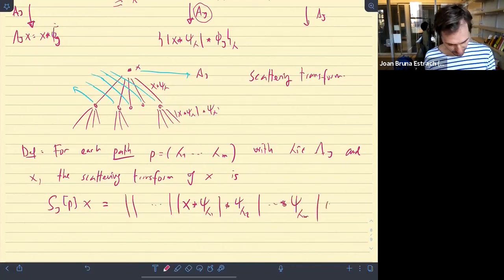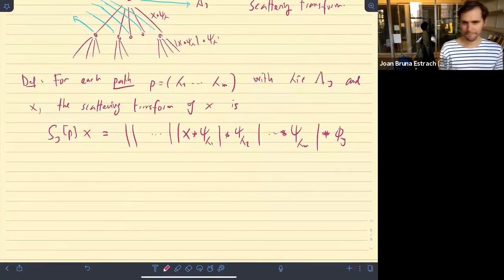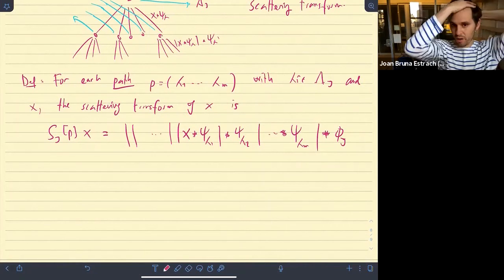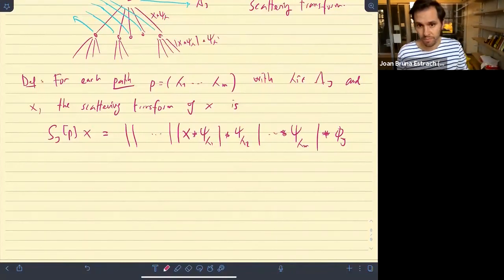And then at the end, I just extract the low frequencies. Okay, so you can think of it as a family of coefficients that are obtained by repeating the same operations many times.